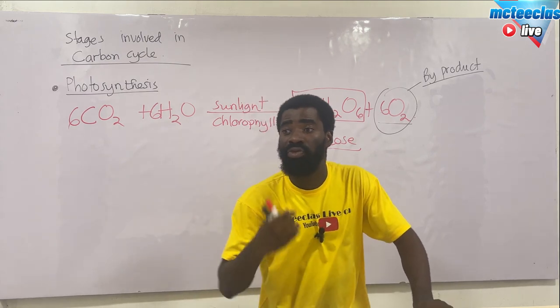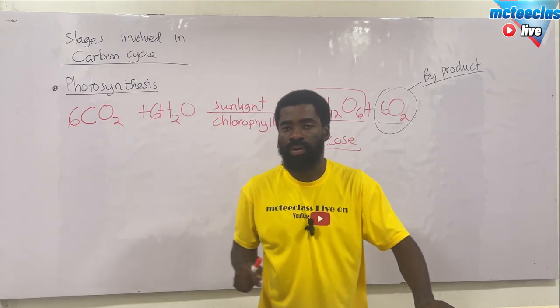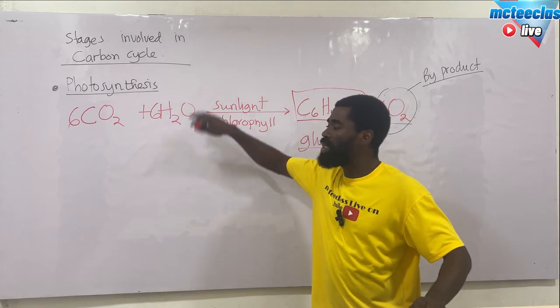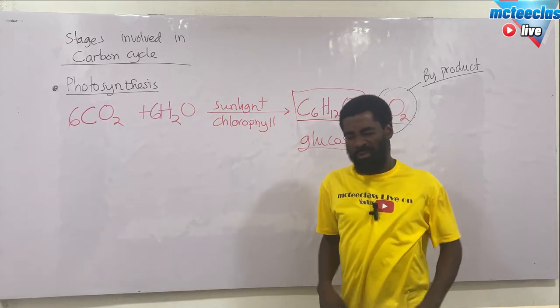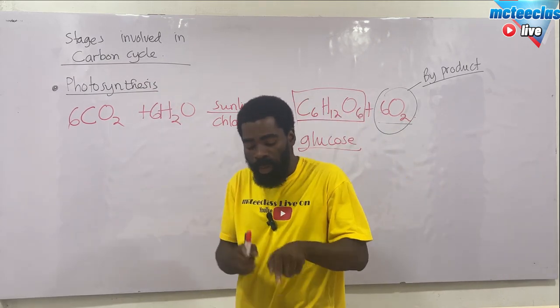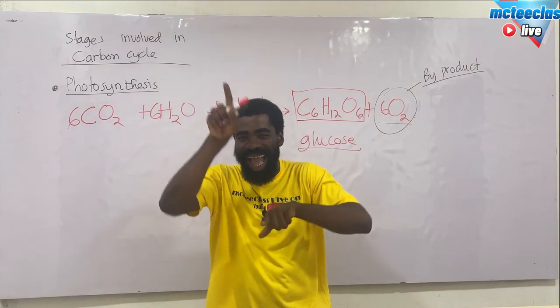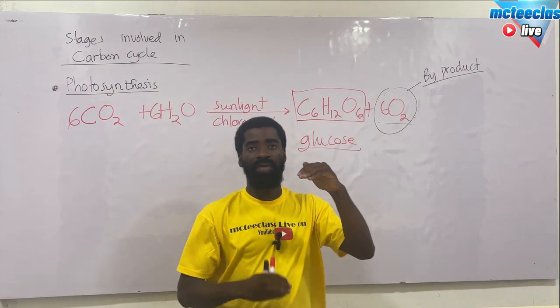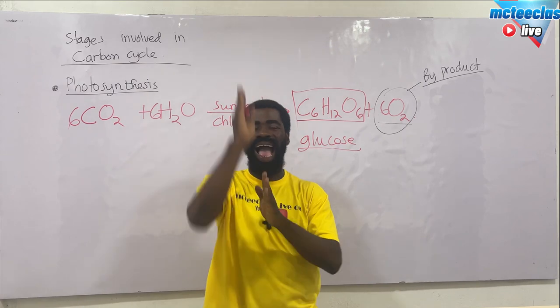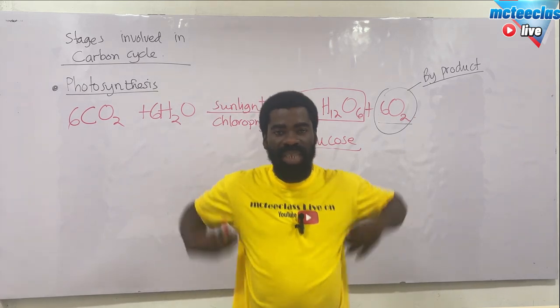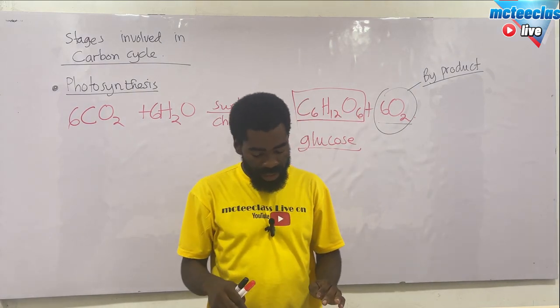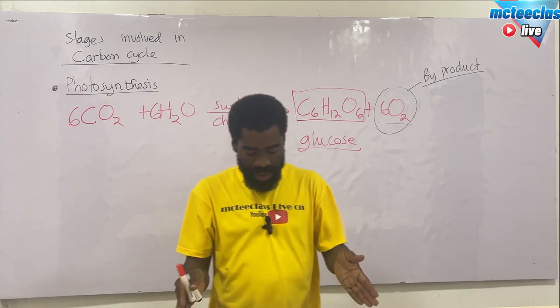So you see, respiration releases carbon into the atmosphere, and photosynthesis absorbs carbon from the atmosphere. Compare what I'm saying. Go back to the diagram and see the arrows. You see that the living things, the animals, will have some of the arrows going up into the atmosphere, and that means they are releasing CO2 into the atmosphere. So that is respiration.